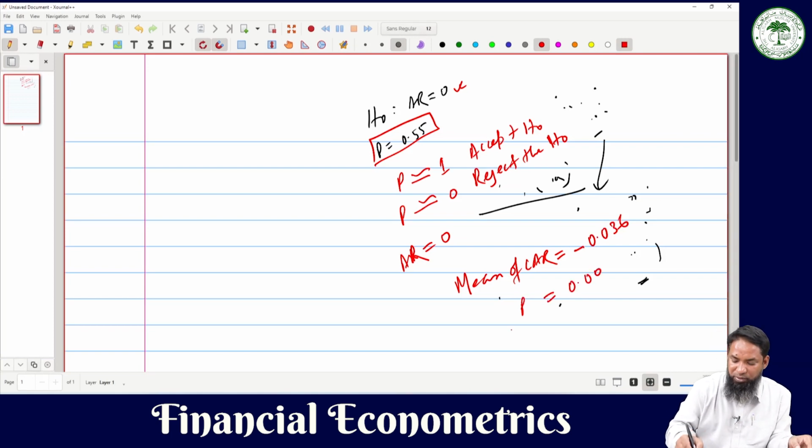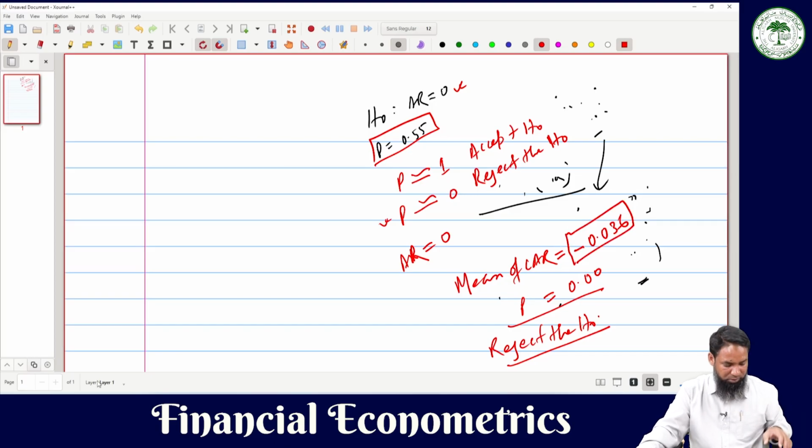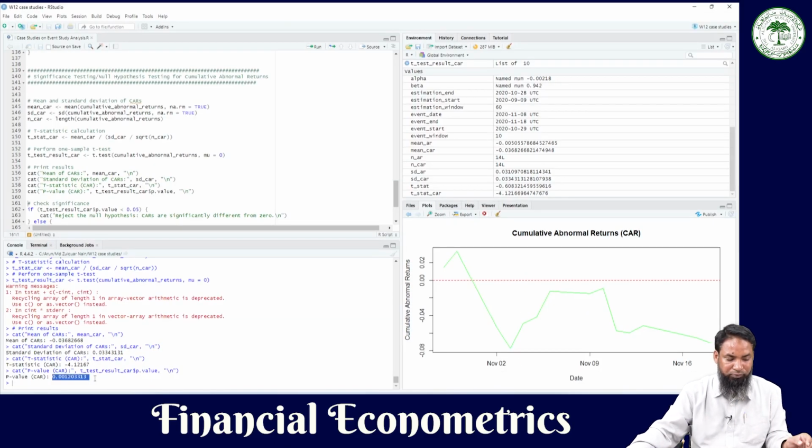So based on this principle, we reject the null. Rejecting the null hypothesis means the event has a significant effect on the cumulative returns, and it has a negative effect. That means the announcement of the merger has a negative effect on the performance of the stock returns.